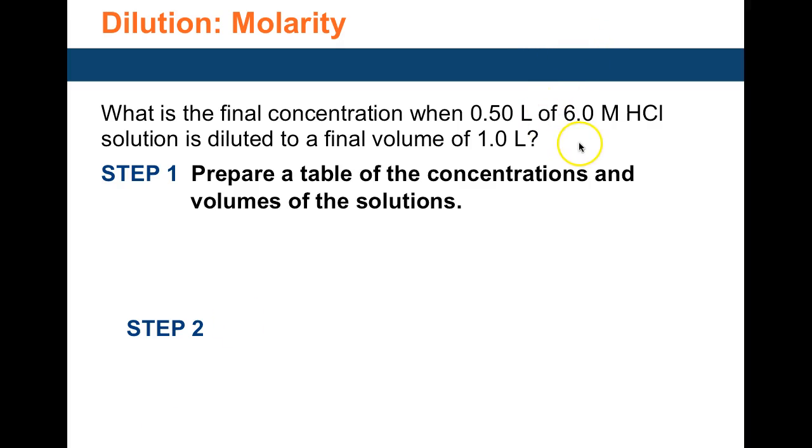So you have, what is the final concentration when 0.5 liters of 6 molar HCl is diluted to a final volume of 1 liter? So 0.5 times 6 divided by 1. That would give you your final concentration.